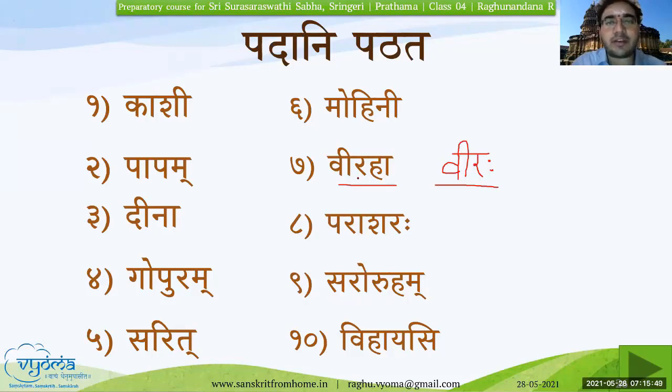One who killed Vritrasura will be Vritraha. Similarly, Keshiha and so on. I'm just giving you a few examples so that you will be able to appreciate that just by making a small difference in the word, with a Hakara instead of Visarga, the entire meaning of the word will change.